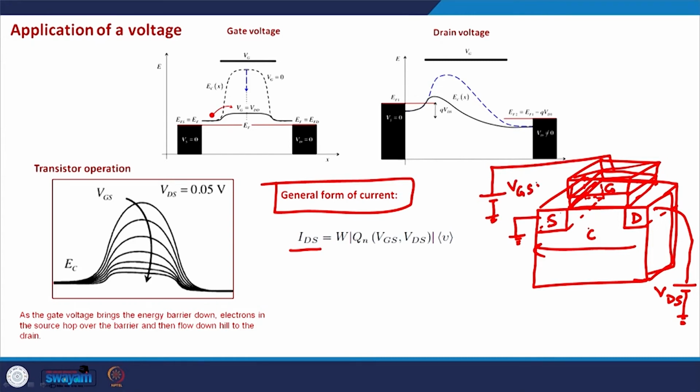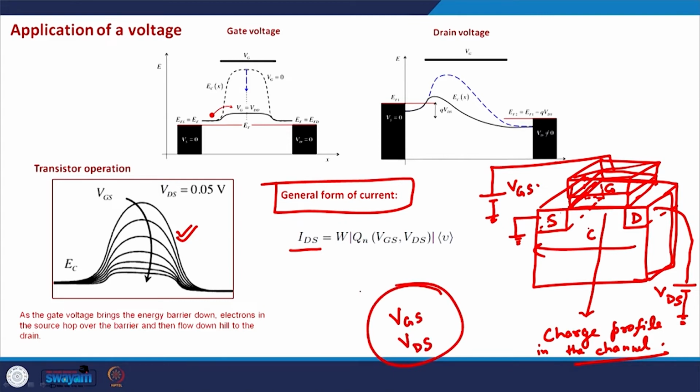So now, as we have seen, because of the drain voltage and the gate voltage, this is how the band diagram will look, and this will create a sort of charge profile in the channel. The charge profile in the channel will be dependent on VGS and VDS.